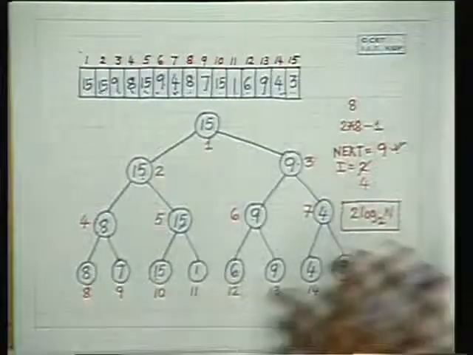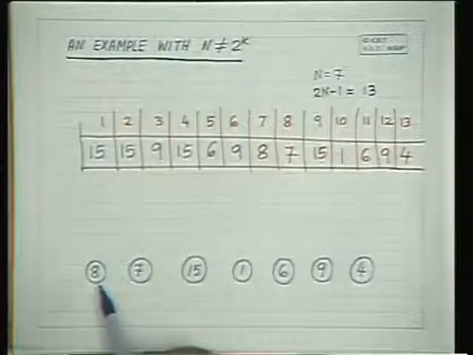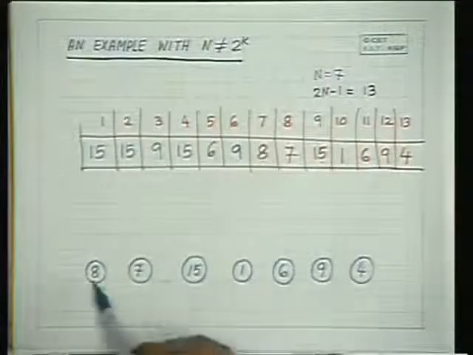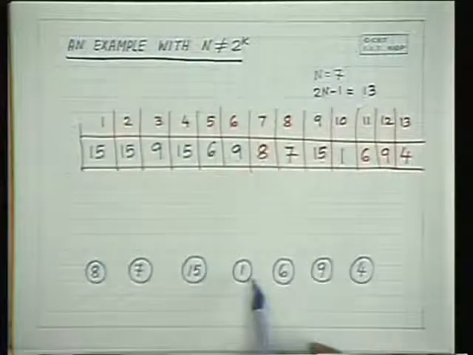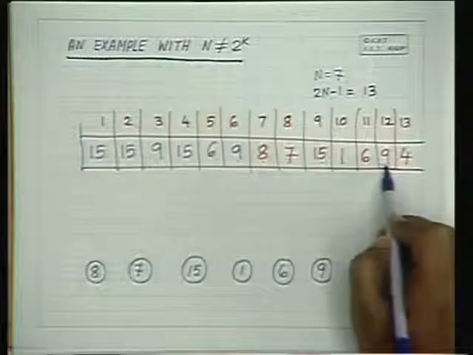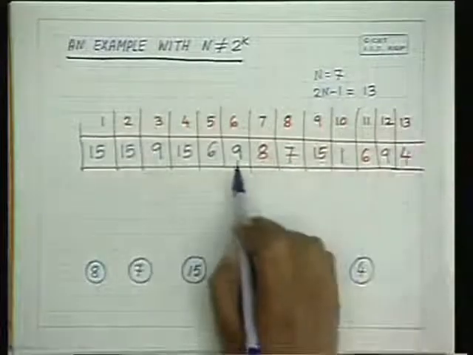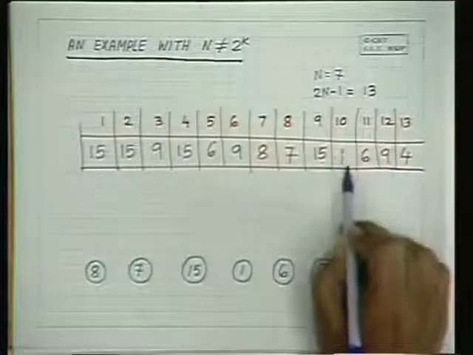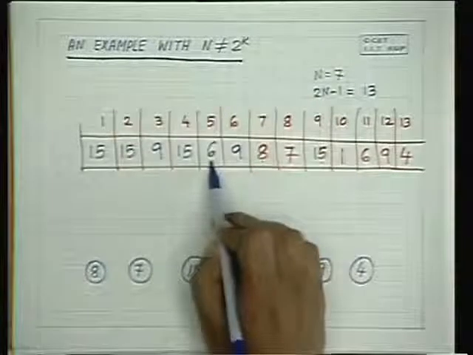So let's work this out on an example, and we'll see how we will be able to get it. Let us take this one. We have got 8 elements: 8, 7, 5, 15, 1, 6, 9 and 4. And how did we build up the tournament? 9 and 4 in 12 and 13 is stored in 6. 10 and 11 is stored in 5.